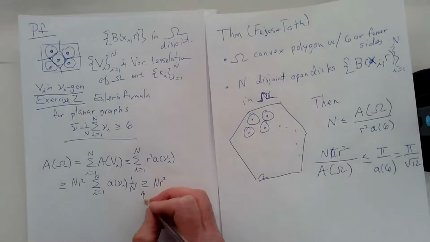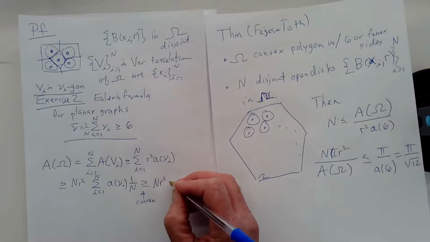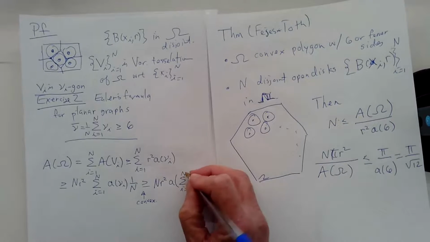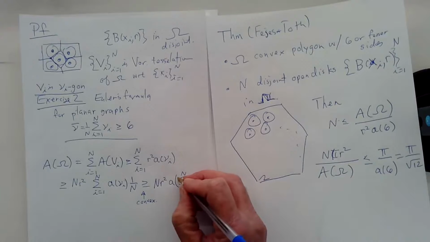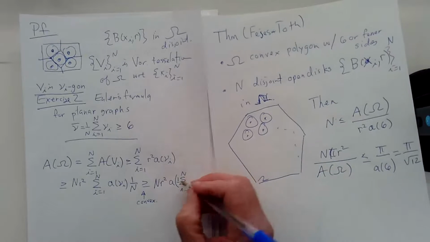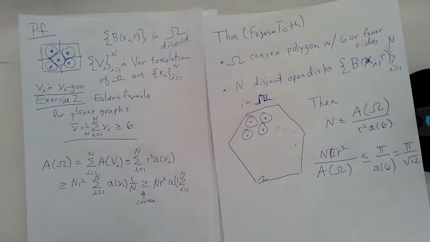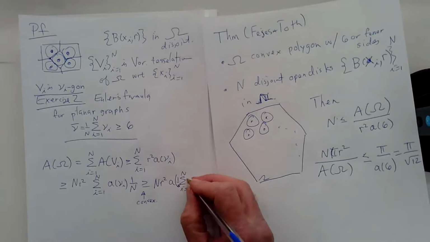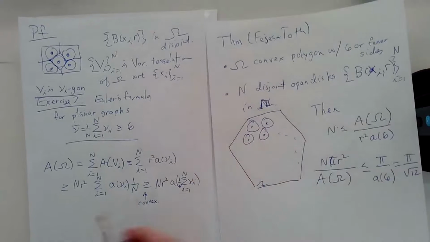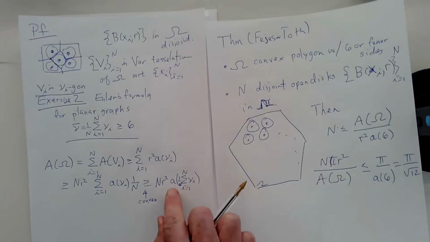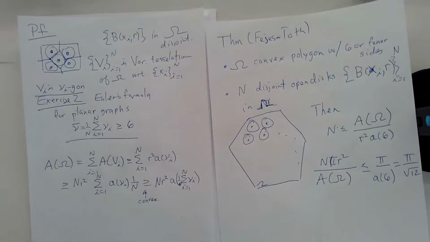Here is convexity: the average of the values of the function is bigger than or equal to the function applied to the average.